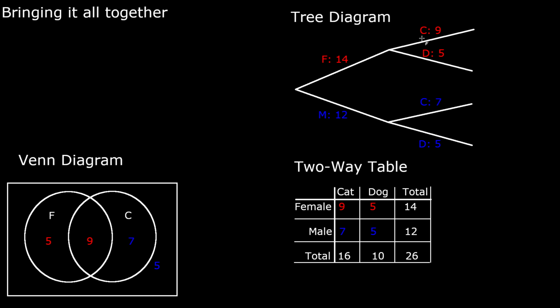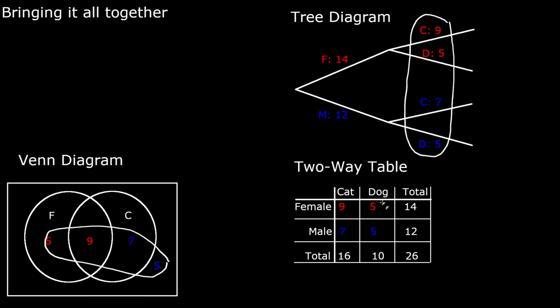I'd have to say, okay, I have cats here and cats here, and 9 plus 7 gives me 16. In the two-way table, that's already right here. That's already included, so it's kind of useful. But you'll notice there are lots and lots of similarities. In every single one of these diagrams, we have the individual values. We have this 9, 5, 7, and 5 in all 3 of the representations. They all mean the same things, just shown in different spots. It's just which one shows the most information.